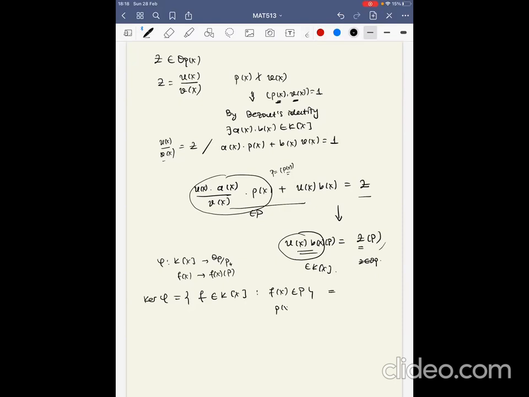That means they are divisible by p of x, by the definition of P. Indeed, they form the maximal ideal generated by p of x inside of the polynomial ring K[x]. By the first isomorphism theorem, since phi is onto, we get an isomorphism of the residue class field and the quotient field K[x] over p of x.